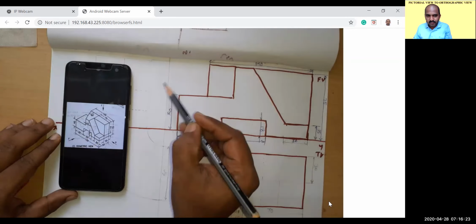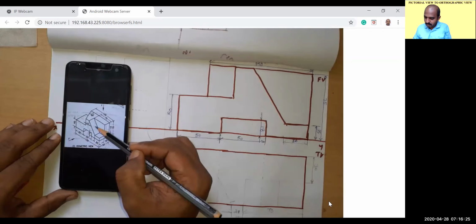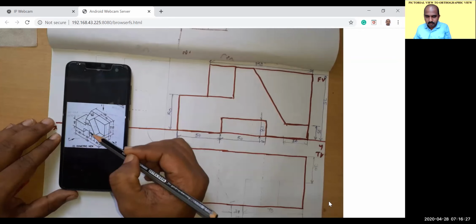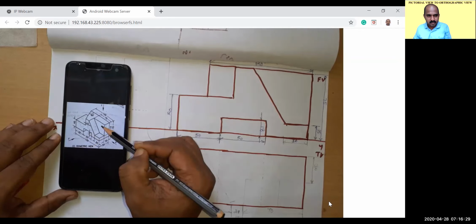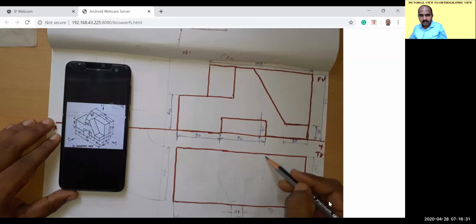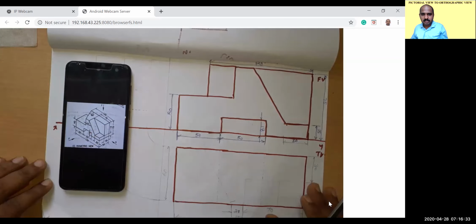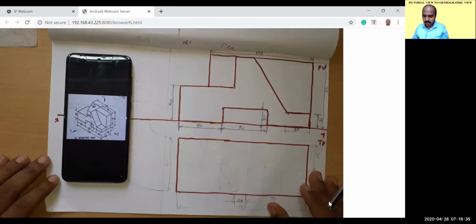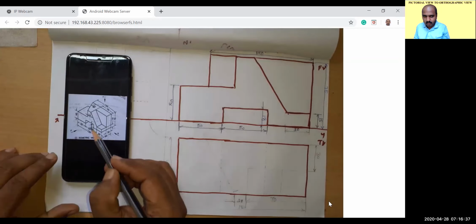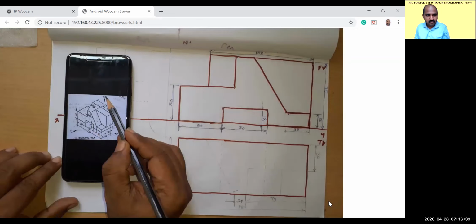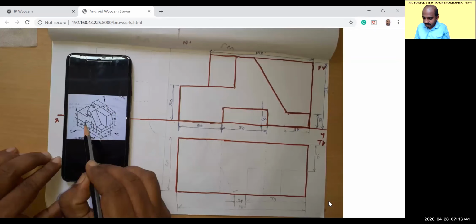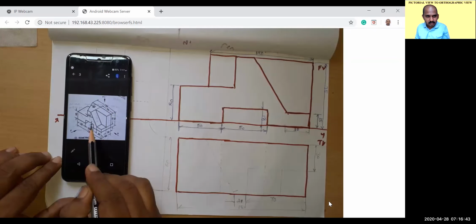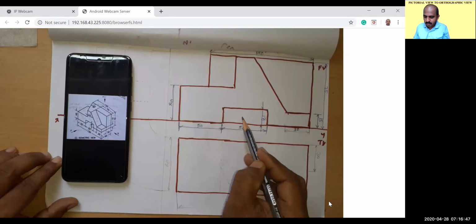So when you are looking from the top, these two top edges are hidden, so we represent them as dash lines in the top view. Once again, when looking from the top, there is a rectangular hole.